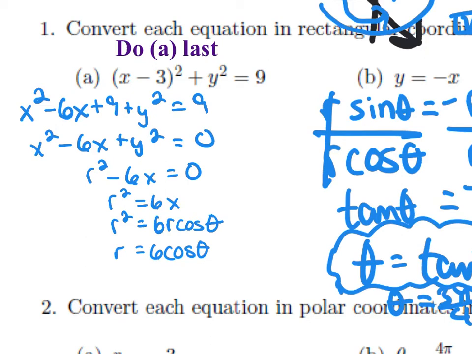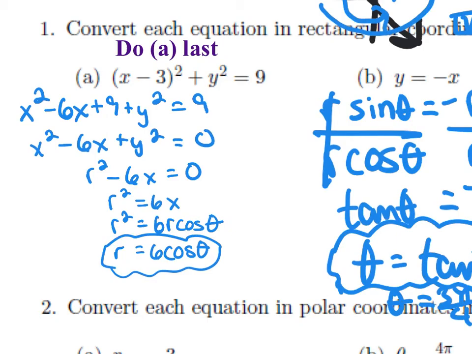The center is 3, 0, and the radius is 3. Well, if you type r equals 6 cosine theta into your calculator, it's most likely going to look a little bit like an oval, but that's okay because the dimensions of your calculator are rectangular, meaning that they're not square. You will get a circle that goes to the right 3 and has a radius of 3.